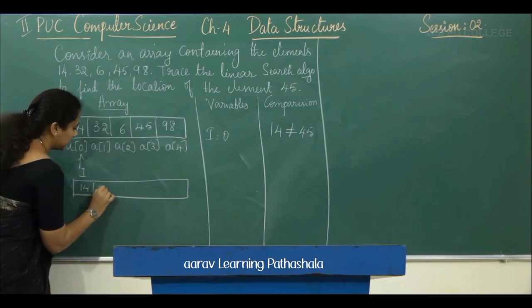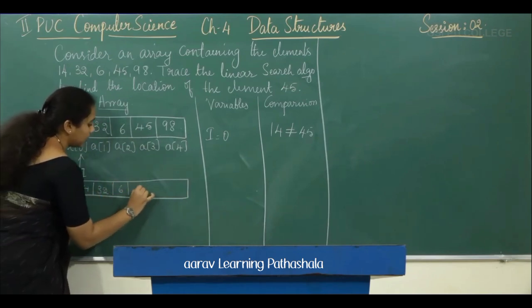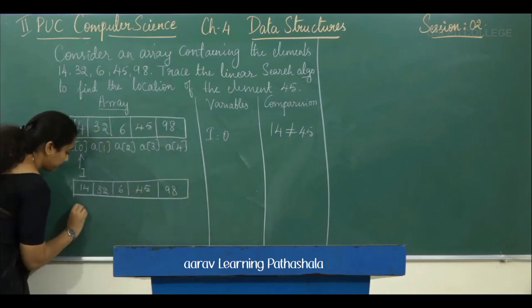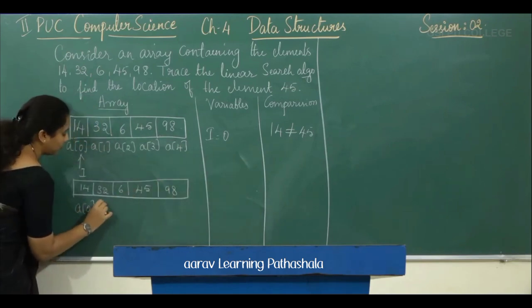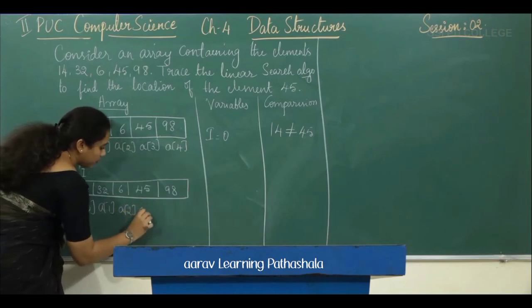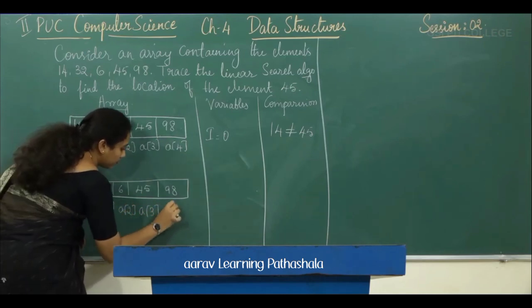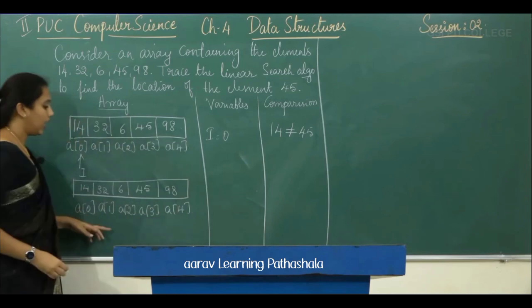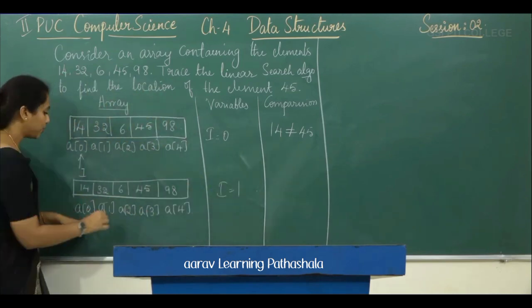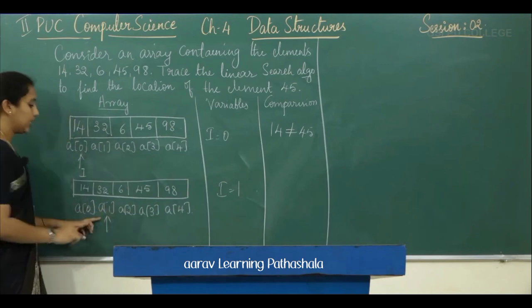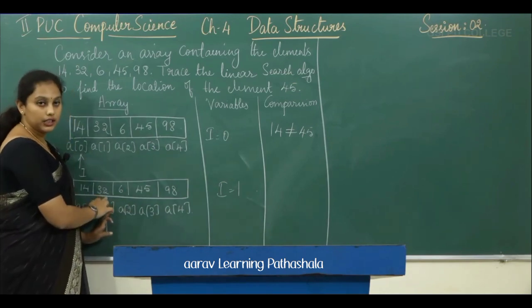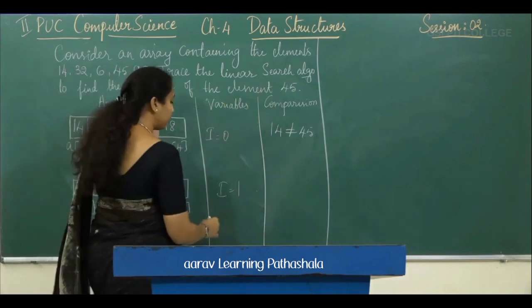Here I gets incremented, the value of I is 1. So we compare with the next element of the array. The value of the next element is 32. Is 32 equal to 45?